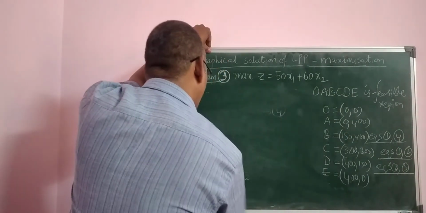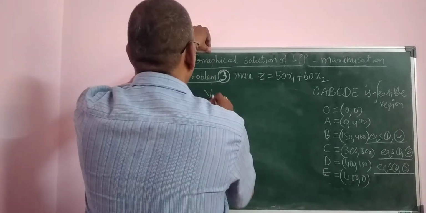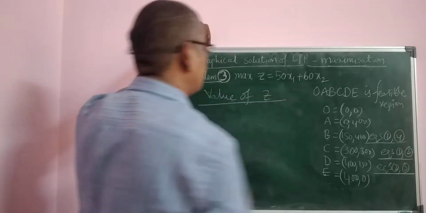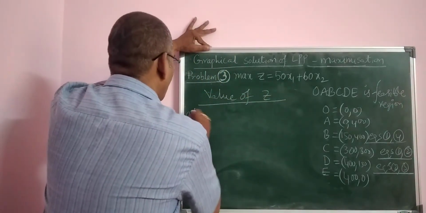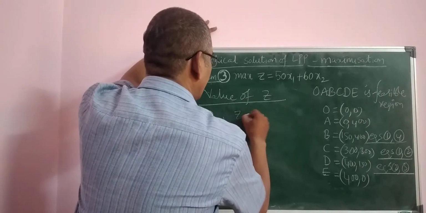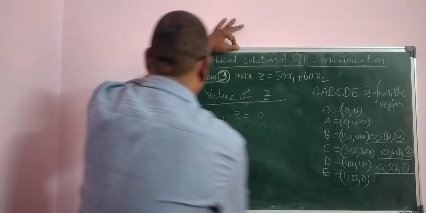Now I am going to the last point, the calculation of the value of z. The value of the objective function z at O is 0.